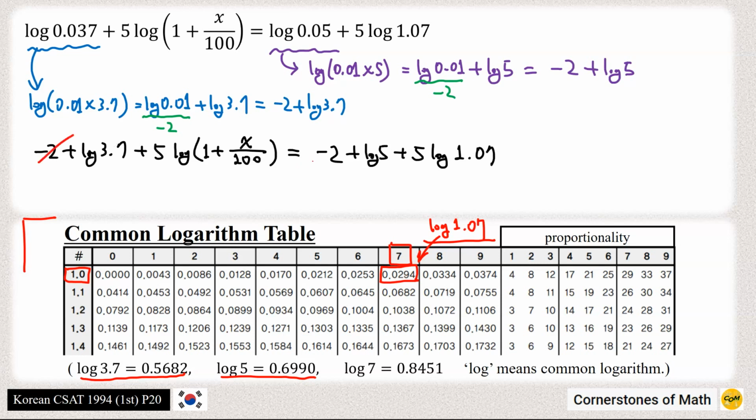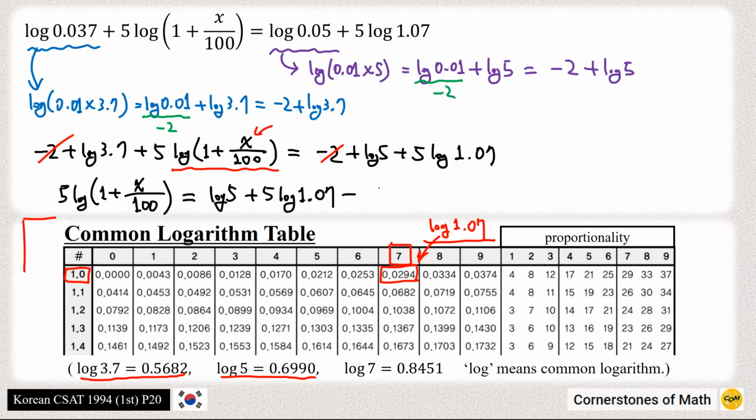And we can cancel minus 2 on both sides. And let us solve for this term containing x. Then 5 times log (1 plus x over 100) equals log 5 plus 5 times log 1.07 minus log 3.7.